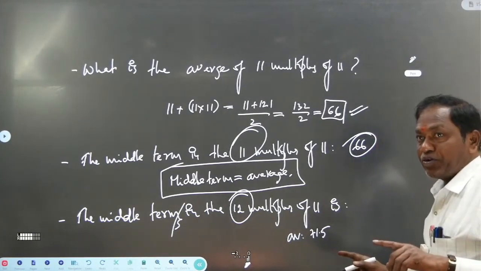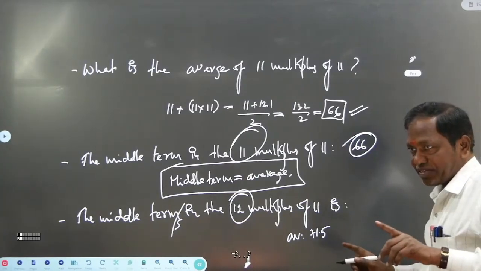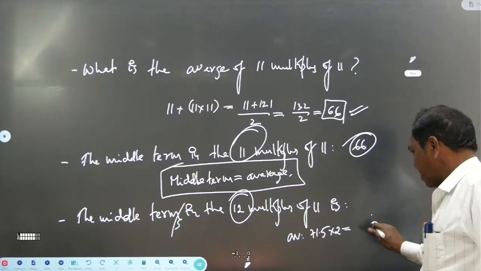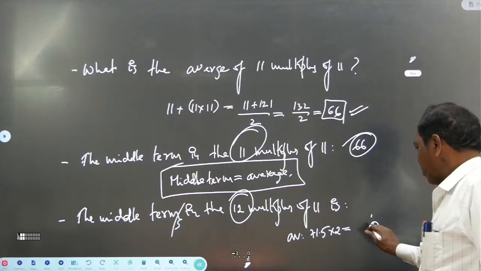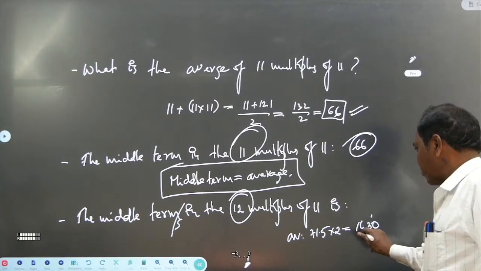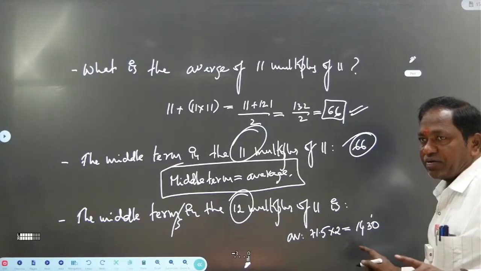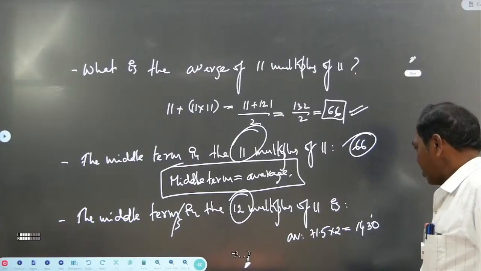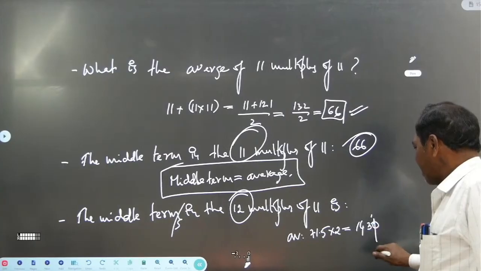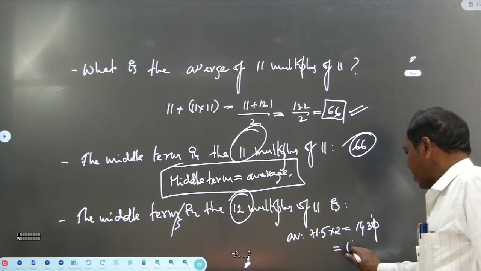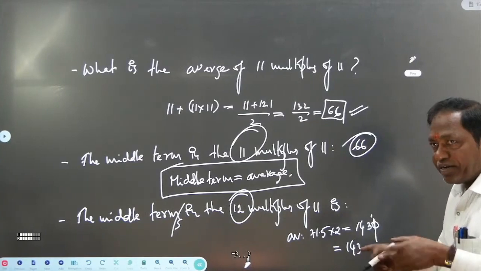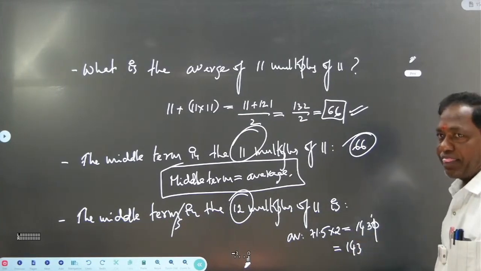You have to take the sum of two numbers, into 2. The sum of the two middle terms is 143. Take 143.